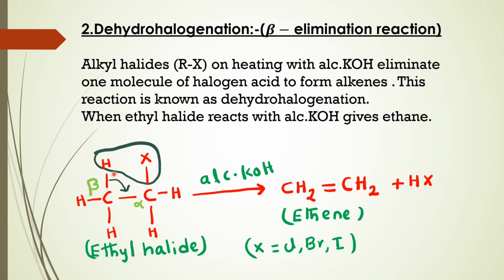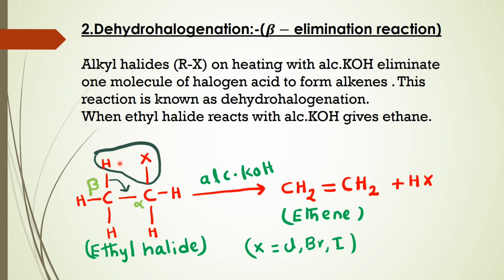The carbon which contains the halogen is called the alpha carbon. The next carbon is called the beta carbon. Hydrogen is removed from the beta carbon, and with the halogen forms hydrogen halide.